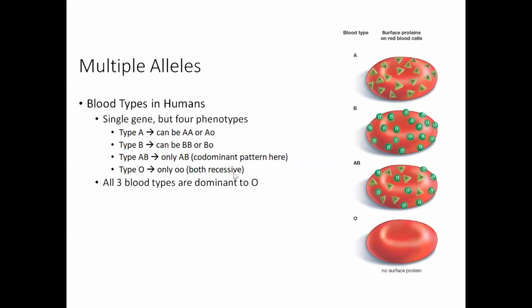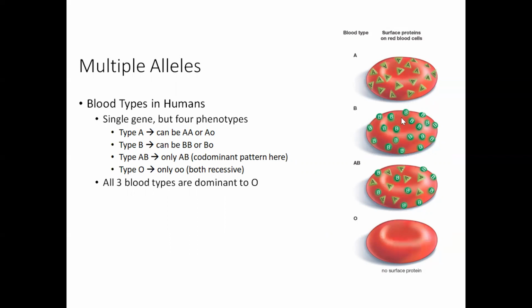To explain that in a little more detail, with multiple alleles we talked about blood type. It's basically to do with the carbohydrates, or surface proteins, present on the outside of the red blood cell. All of these red circles are the red blood cells, and they have the A's, the B's, a mix of A and B, or no surface protein.